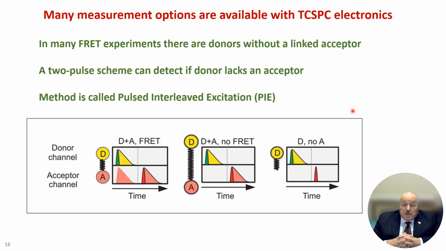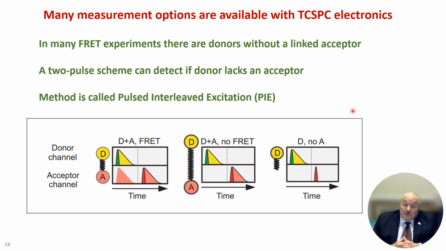There are options available with time-correlated photon counting that are not available with almost any other method, but probably not available with frequency domain measurements also. I remember years ago when we were starting FRET experiments trying to do distance distributions, and the analysis was just never working out.